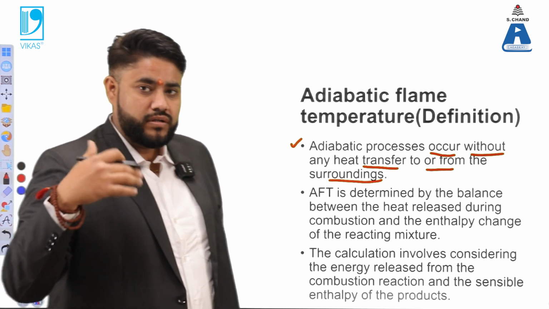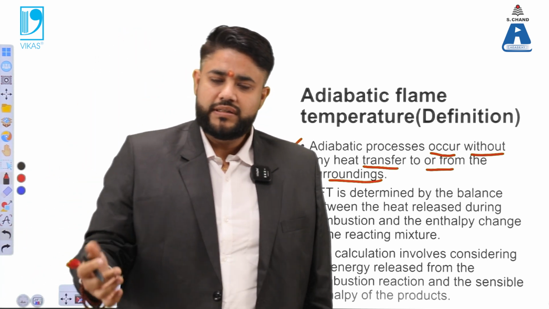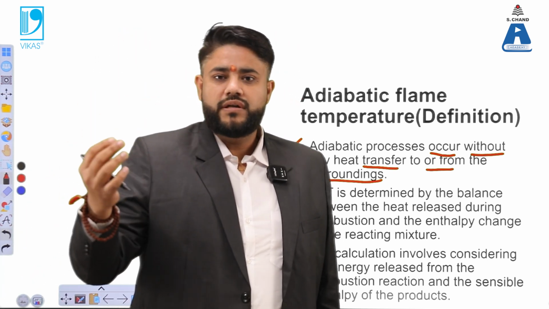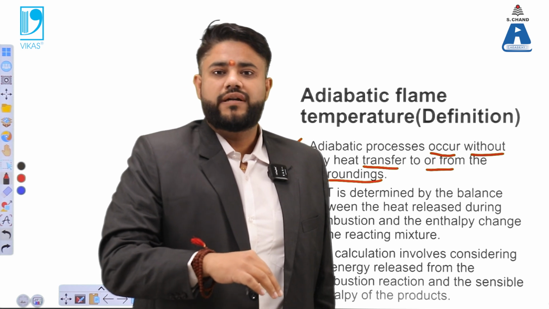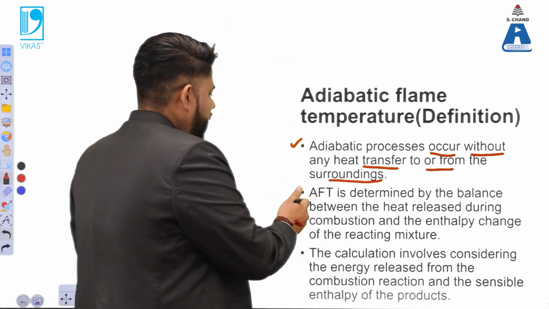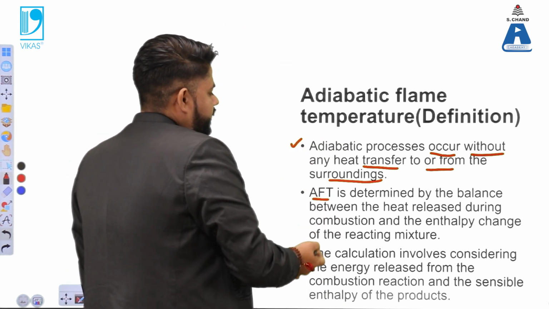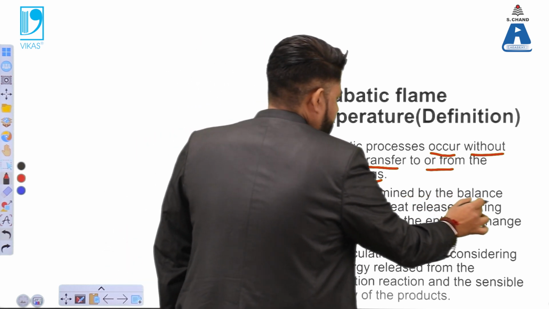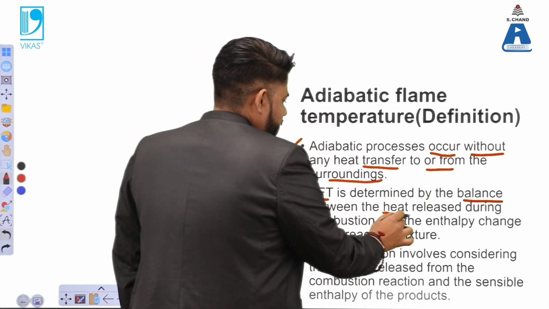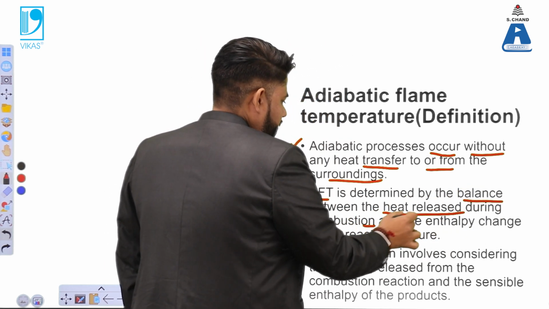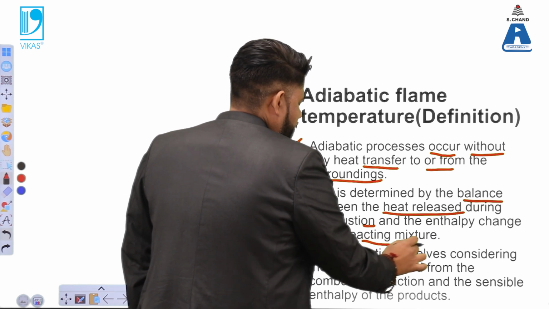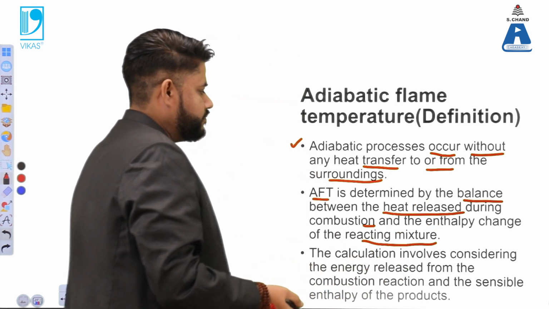So we cannot send heat to the surroundings, and from the surroundings the heat cannot flow inside the particular system. So AFT, the adiabatic flame temperature, is basically determined by the balance between the heat released during combustion and the enthalpy change of the reacting mixture.